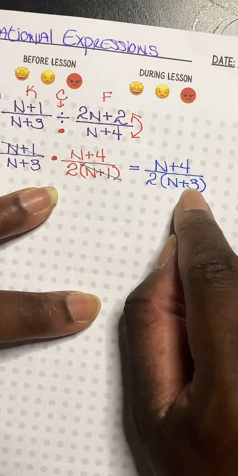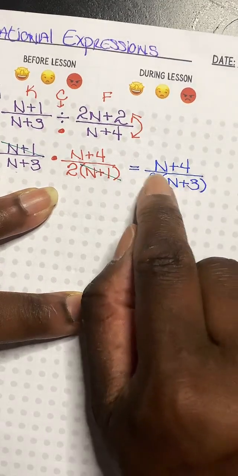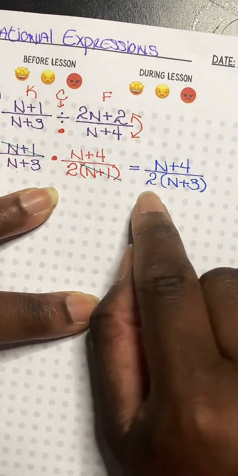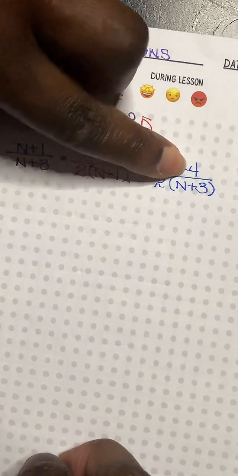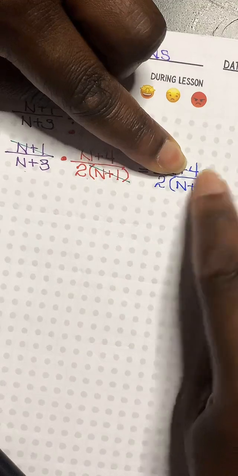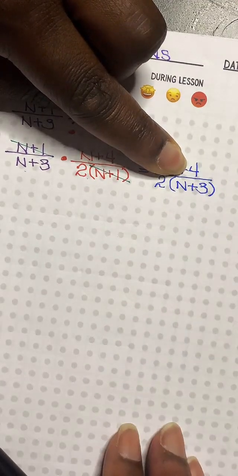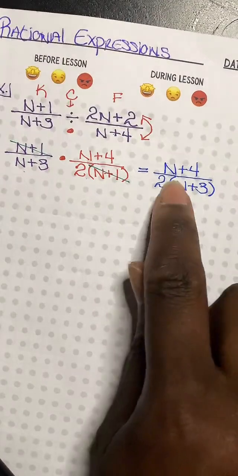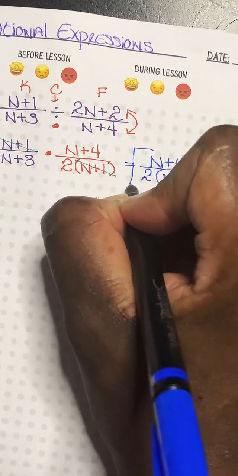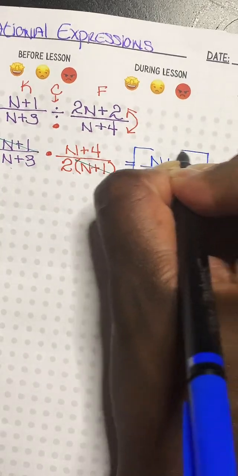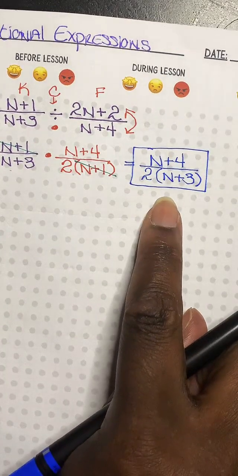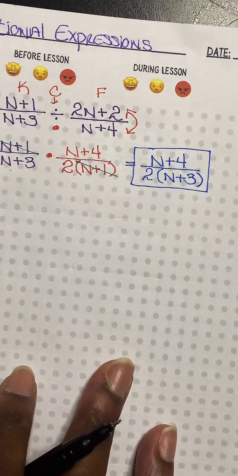So no matter what, it can't be broken down. So if it was just the 4 in the numerator, yes. Do the 4 and the 2 if it was just the 4 in the numerator. But since it's n plus 4, you cannot touch it. So this is your final answer in factored form.